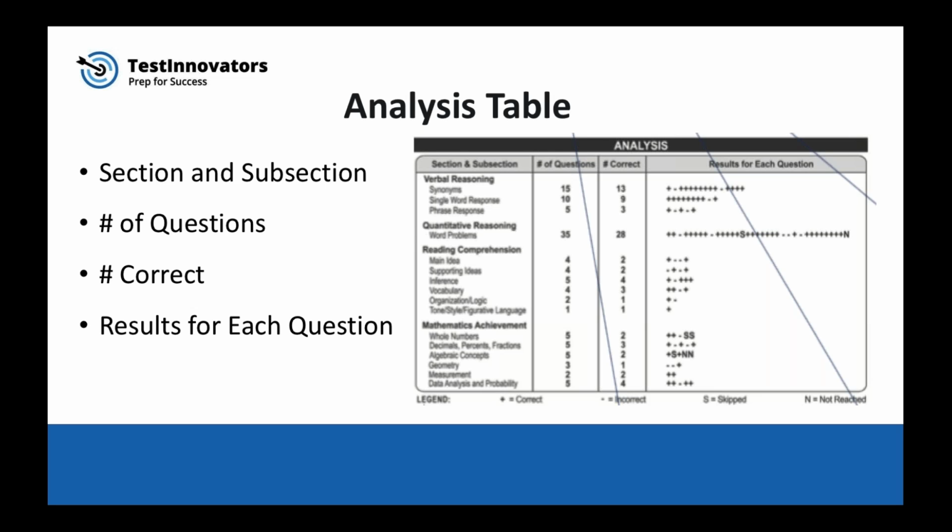As you can see, these questions are listed in order, from question 1 at the beginning of the section to the end of the section. This can be helpful for looking at time management, for example. If several of the questions were not reached, that means that you ended the section without being able to look at all of the questions. So it's important to take a look at that.